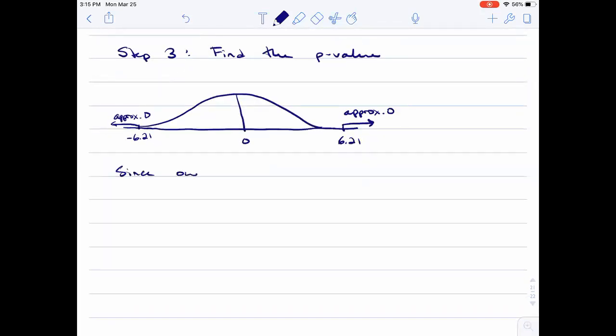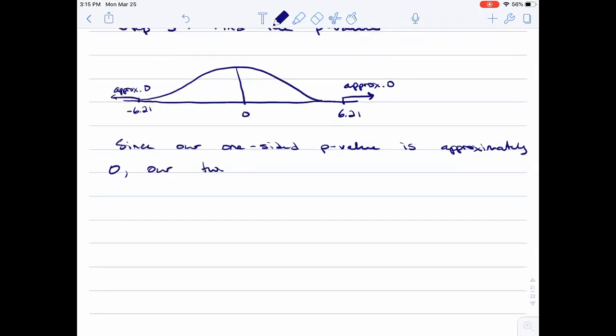So since our one-sided p-value is approximately 0, our two-sided p-value, we just take our one-sided p-value, multiply it by 2, 0 times 2, nothing really changes.